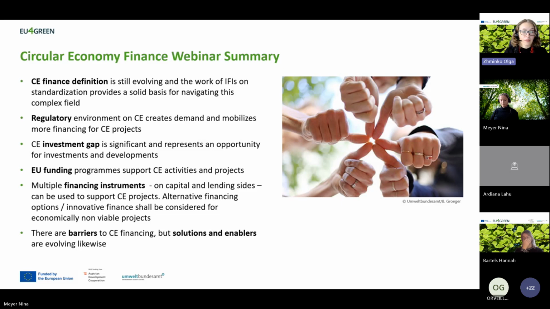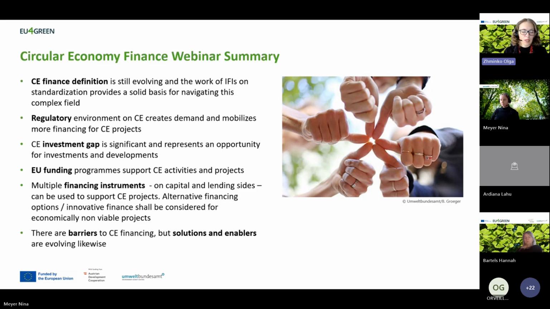The circular economy investment gap is significant. It represents an opportunity, and the methodologies for assessing the circular economy investment gap are still developing. The EU funding programs support circular economy activities and projects. Also, WBF financing and IPA funding support circular economy activities.